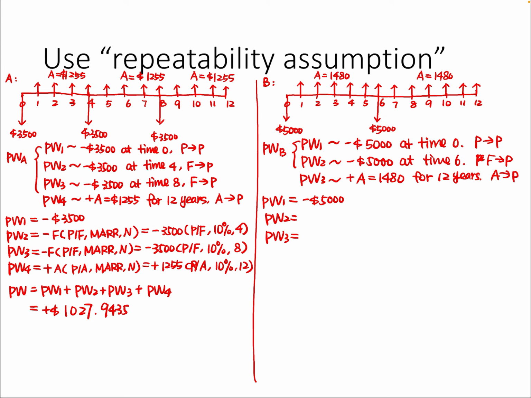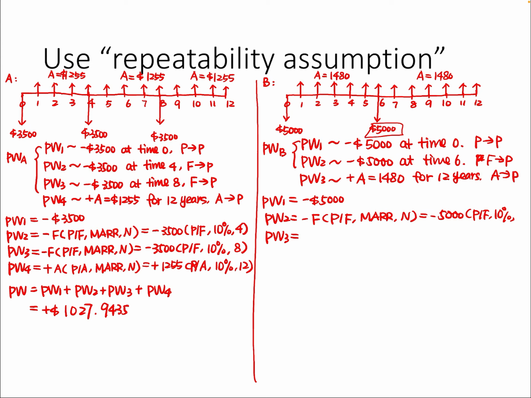And then you need to calculate what is PW1, PW2, PW3. So PW1 is negative 5,000. PW2 is to convert a future value to present. So its formula is F times P/F MARR, and it's 5,000 P/F 10%. How many years you need to consider?